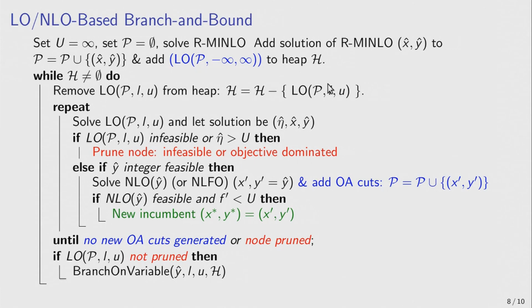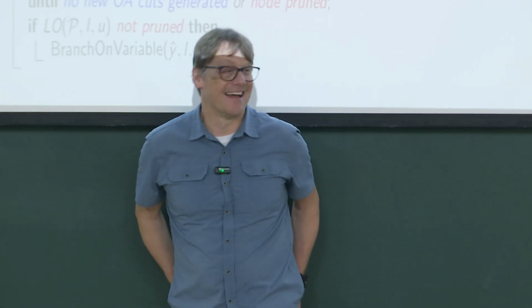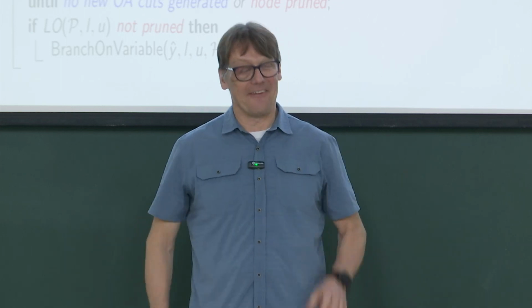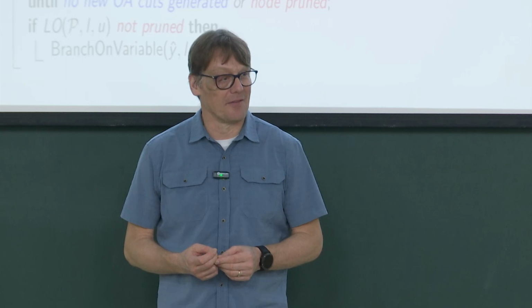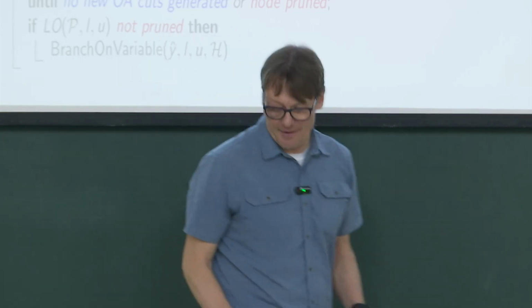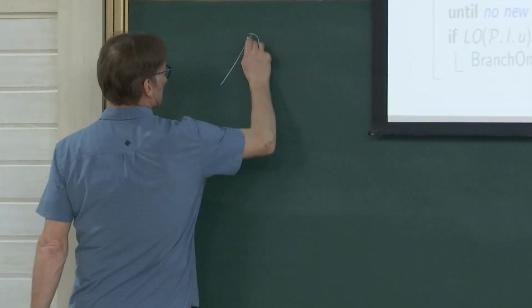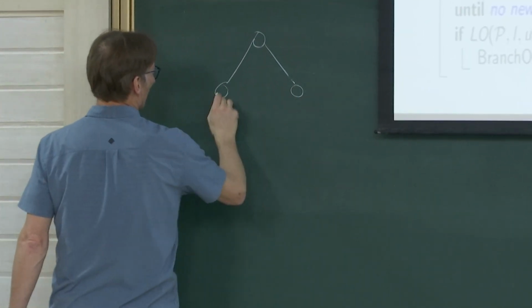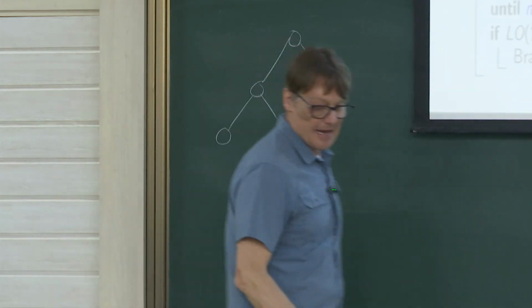But is it necessary to add them to all the cuts? Oh, now you're asking is it necessary to add the cuts to all the nodes in the tree? And that's a really clever question, because I have my branch and bound tree. I'm moving along. I'm at this node here.